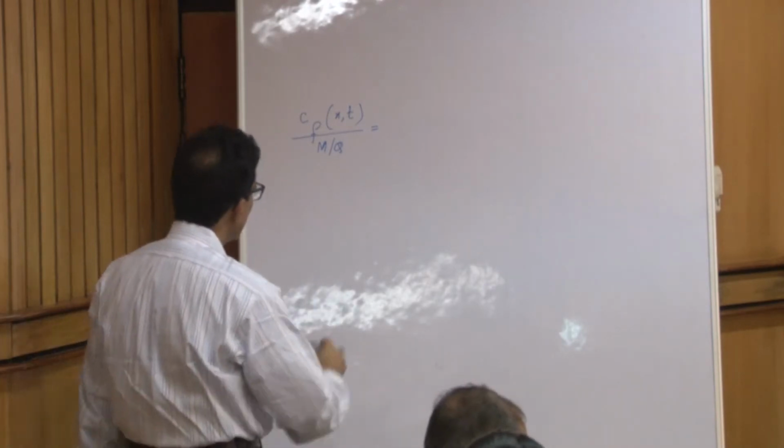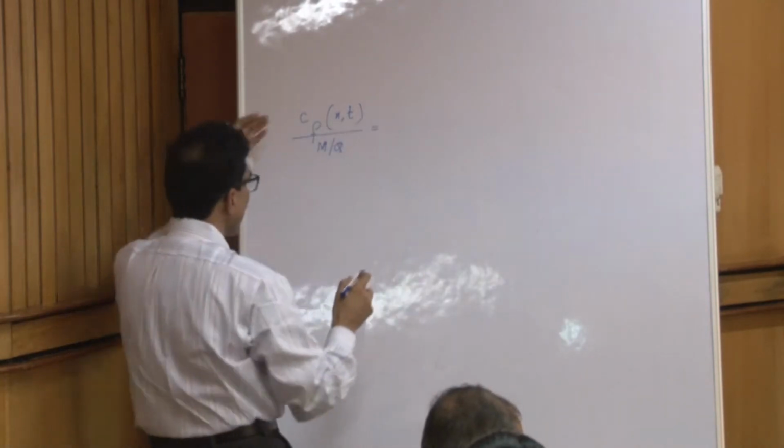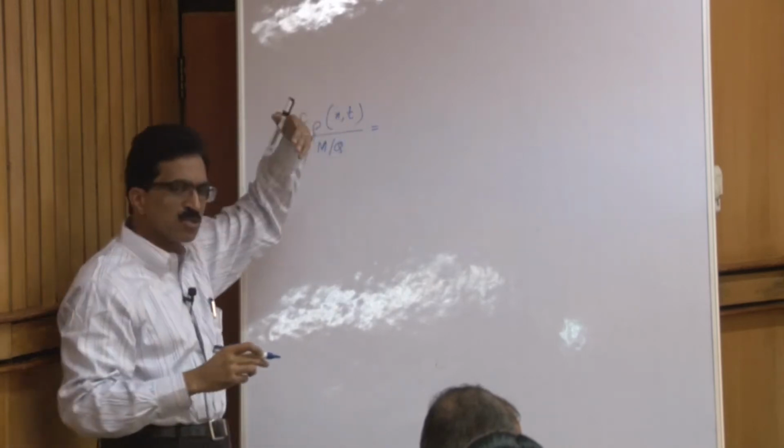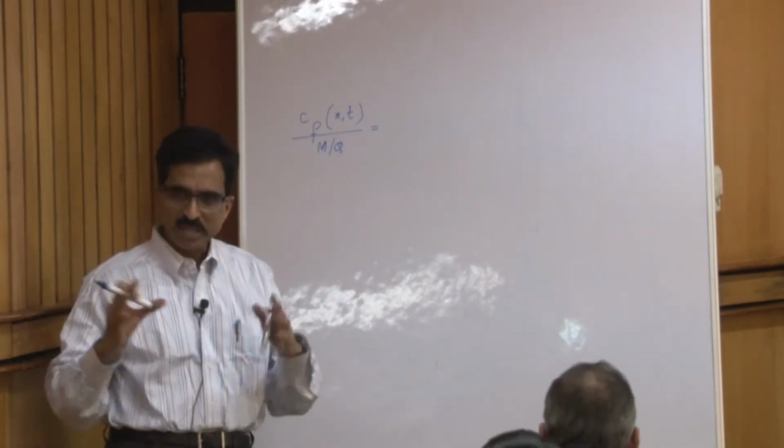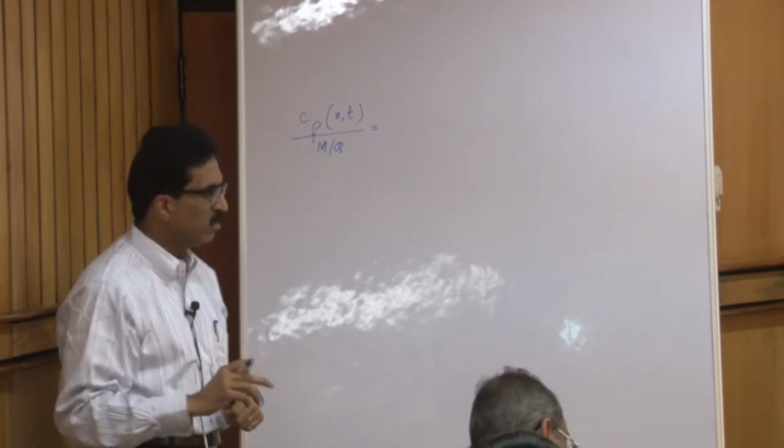Okay. Since this is a function of x and t in general, for instance, if I'm using the ADE model, I can compute C sub f of x and t as we have done.